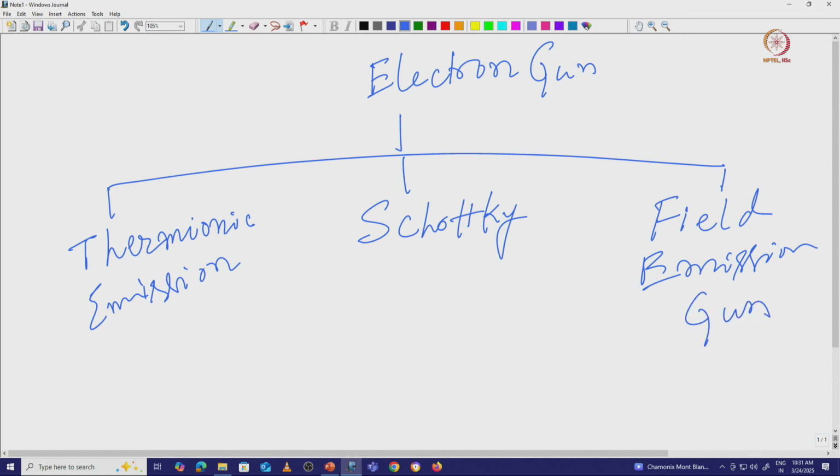So, this will be denoted as field emission gun always.